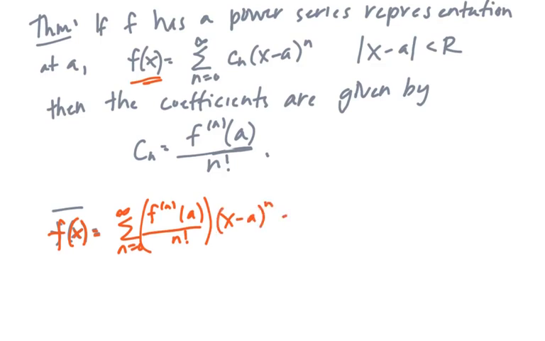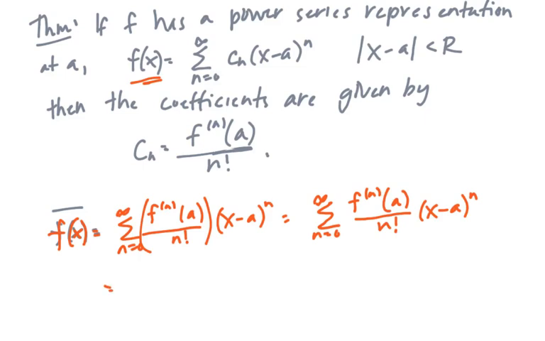So we don't write it with those big parentheses. We say the series from n equals 0 to infinity, the nth derivative of f at a over n factorial times x minus a to the nth power. So that helps us expand our series, and it looks like this.